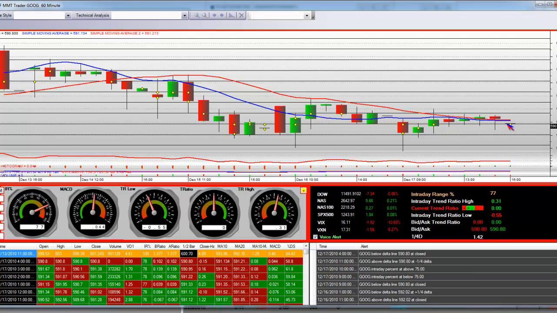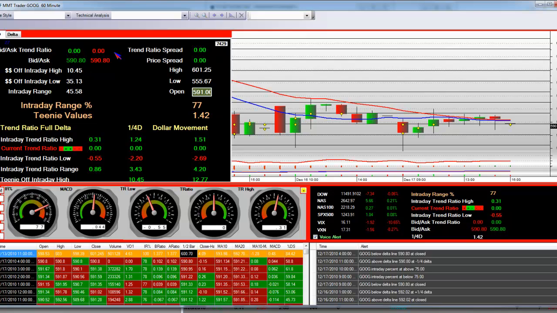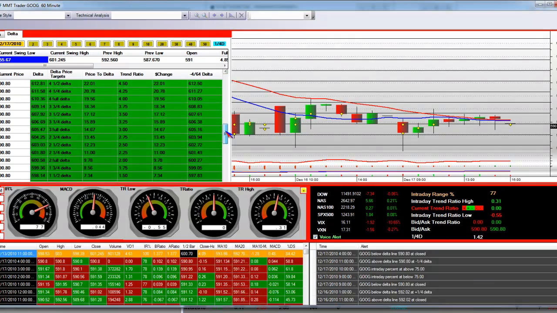So when we break up, it's going to have to run that trend ratio way higher, and this will change on Monday. That's the 1/4 delta on Monday, $1.42 on a 60-minute price movement, and the brain calculates it all.